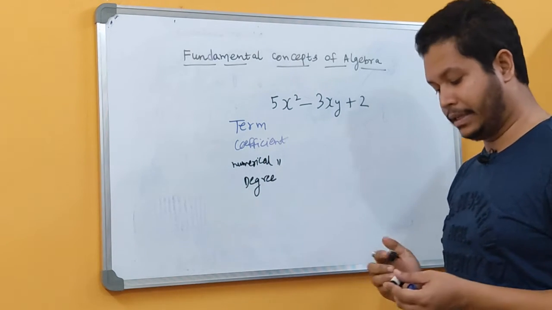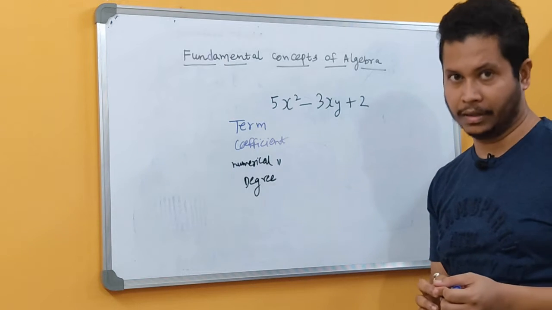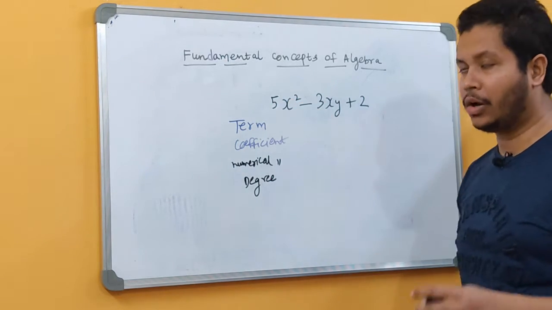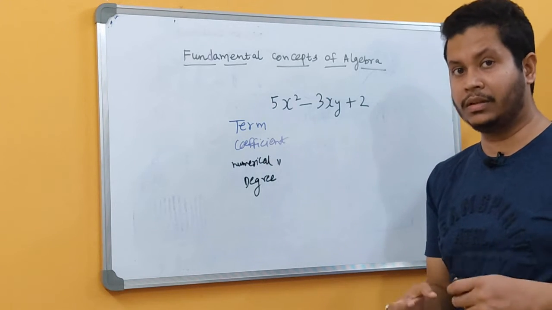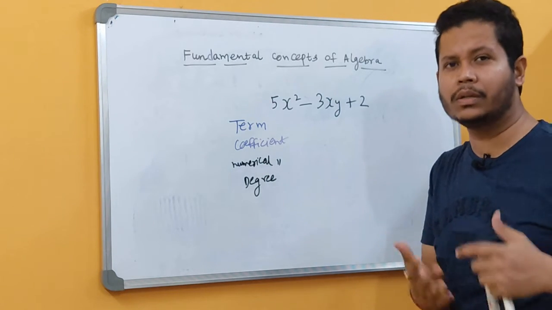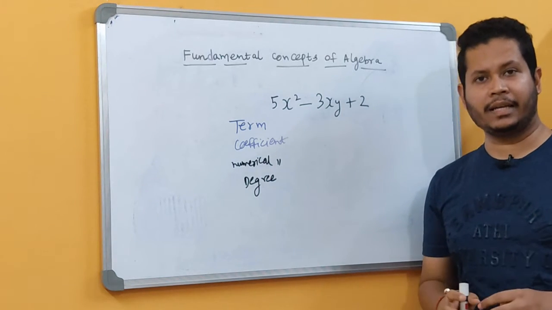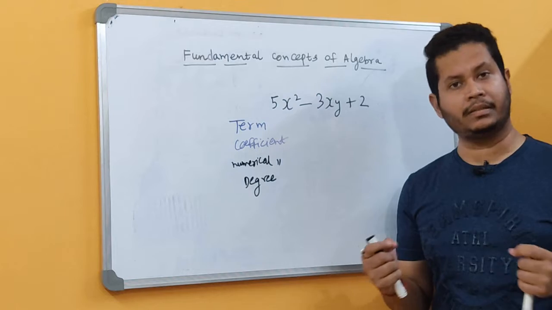So these are a few basic concepts that we are going to learn. Based on the concept of term, we are also going to learn the different types of expressions, or in other words, polynomials. So let us first understand what a term is and how it is decided.